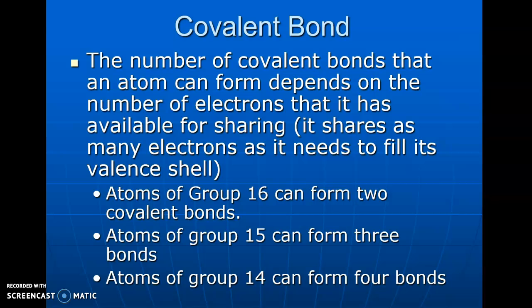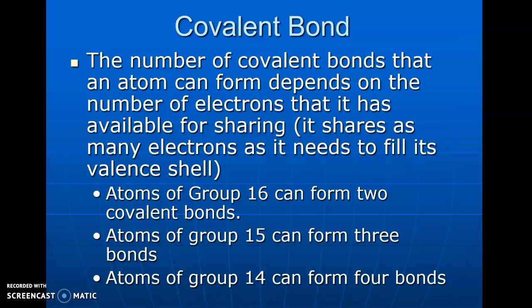Group 16 has 6 valence electrons already, so in needing to fill that with 2 more, forms 2 covalent bonds. Group 15, with their 5 valence electrons, actually forms 3 covalent bonds because they need to gain those 3 extra electrons.